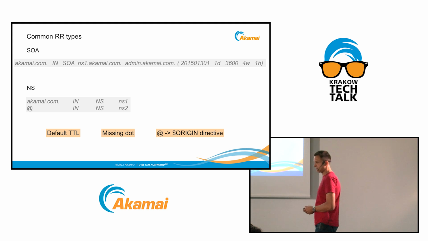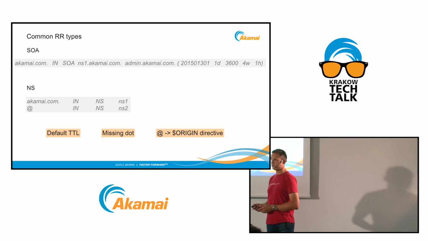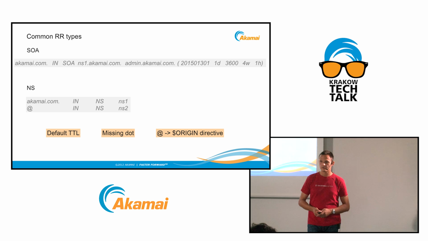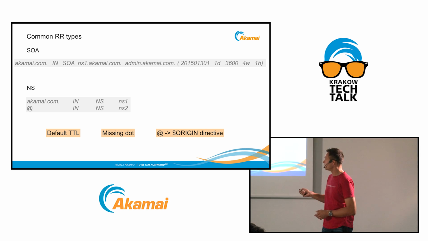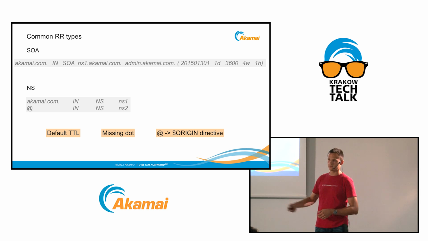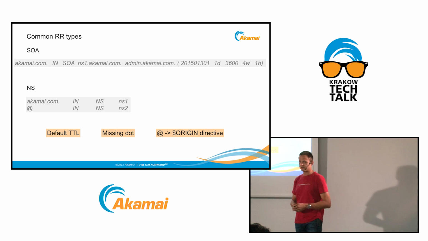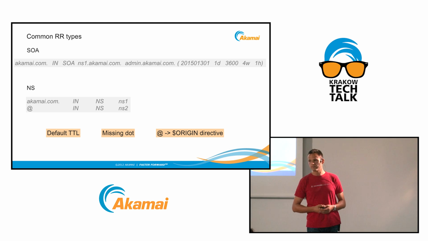If it is not fully qualified, our DNS server will automatically append the origin. So each time we are looking for that, our name server will give us ns1.akamai.com. And finally, this is just a replacement for the origin directive.